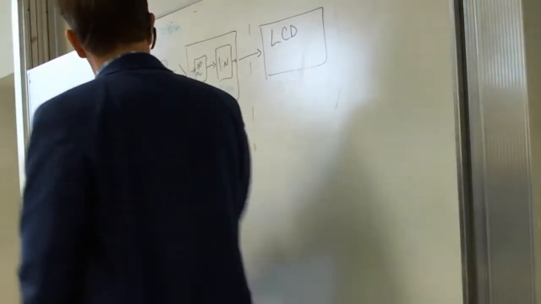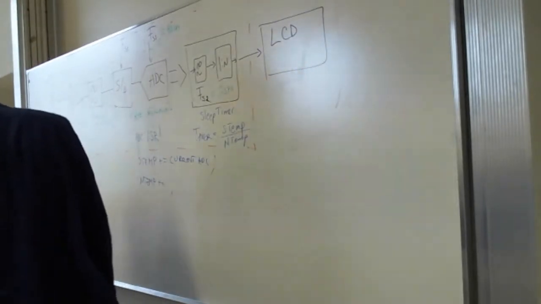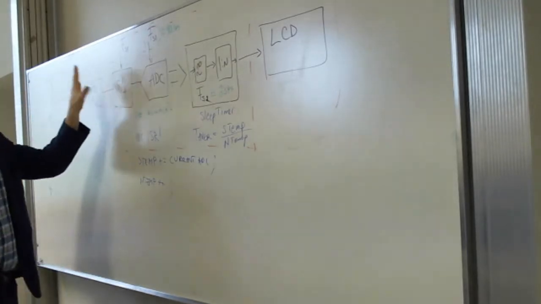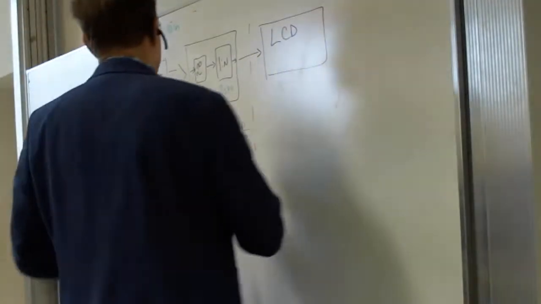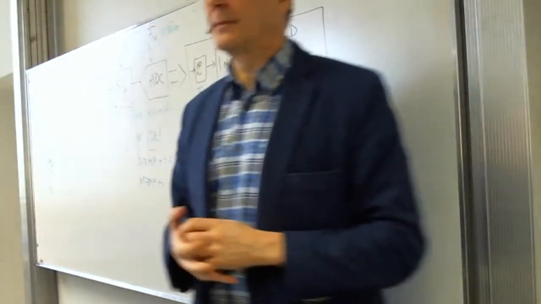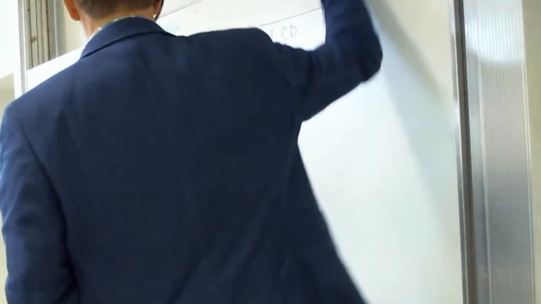Okay, so yeah, that's what it's all about. So data acquisition system: the gain, low pass filter, A to D conversion, then downsampling in software, and showing the data on LCD. Good.